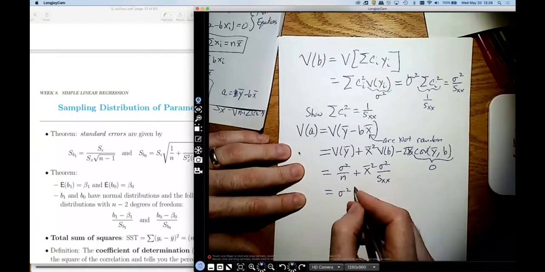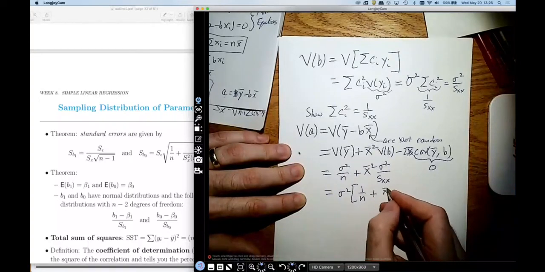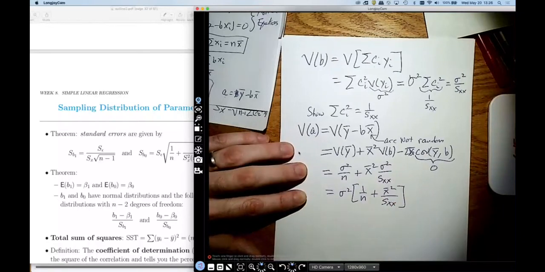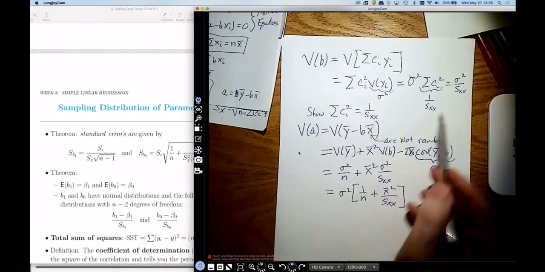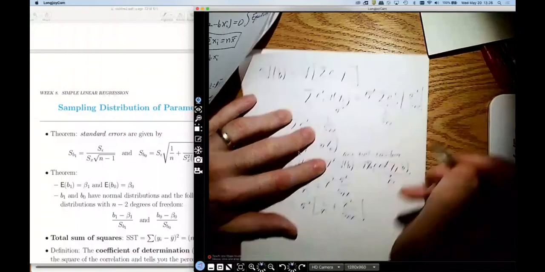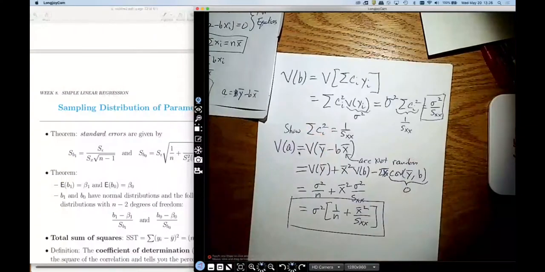So this is going to be sigma squared times 1 over n plus x bar squared all over Sxx. And so this is the formula that we would use to find the standard error of the intercept if we wanted to find, for example, a confidence interval or do a hypothesis test. The earlier result would be the formula we would use to find the standard error of the slope when we do our hypothesis tests.